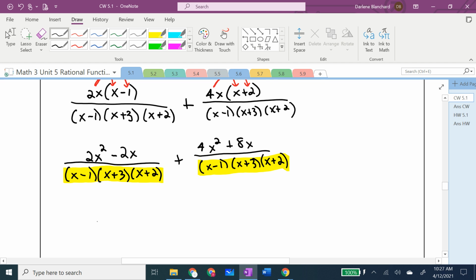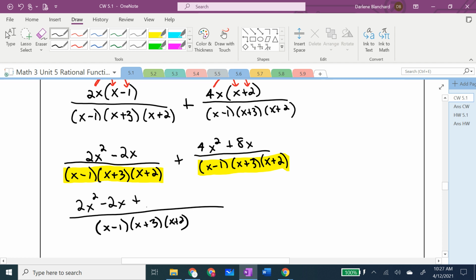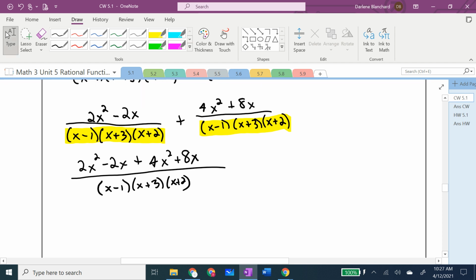So when I add my fractions, I keep the denominator that is in common, and I add the numerators together. And again, I'm going to do this in more steps. If you want to do fewer steps, you can. Now I'm looking for like terms. I see an x squared going on. So these are like terms.